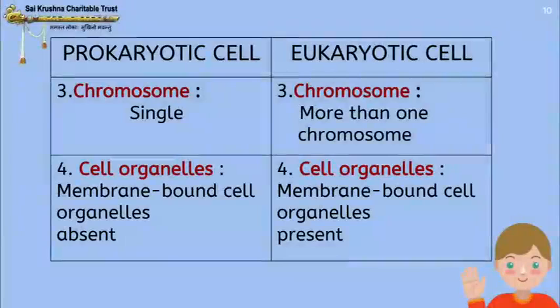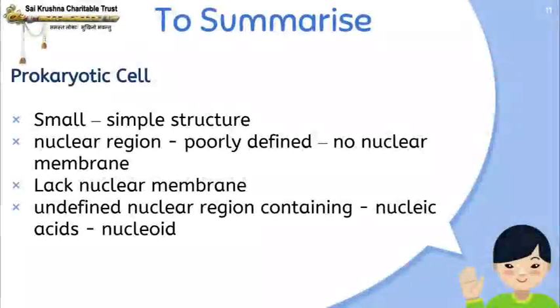And prokaryotic cells do not have other membrane-bound cell organelles. So, on the basis of cell organelles, the membrane-bound cell organelles are absent, whereas in eukaryotic cells, the membrane-bound cell organelles are present. So, did you understand the difference, students?